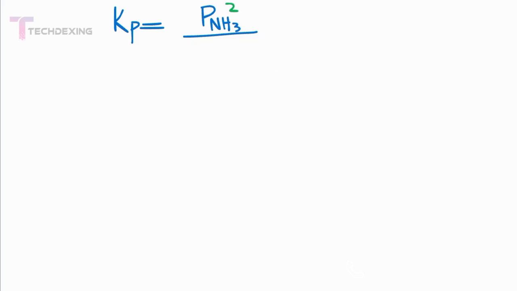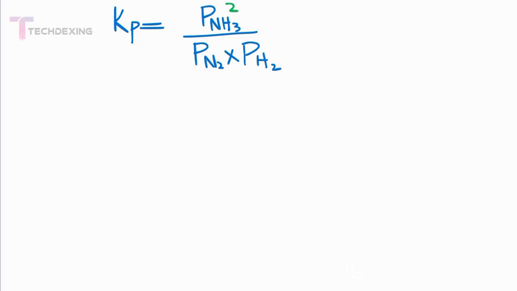Okay. So now let me know what I would write in the denominator. It will be Bn2 multiplied by B3H2, P N2 and multiplied by P H2.